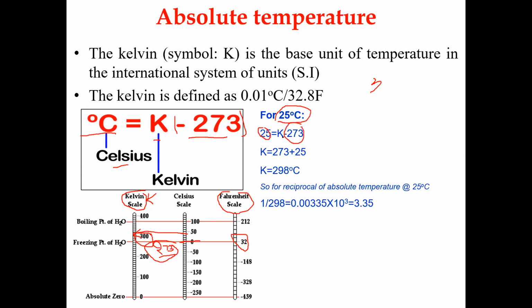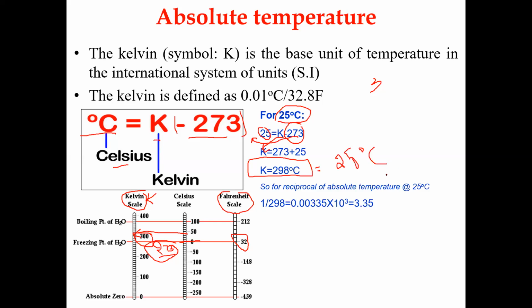But what we want is K, so bring it to the left side. 273 plus 25 degrees centigrade is nothing but 298. That means 298 Kelvin is equal to 25 degrees Celsius.